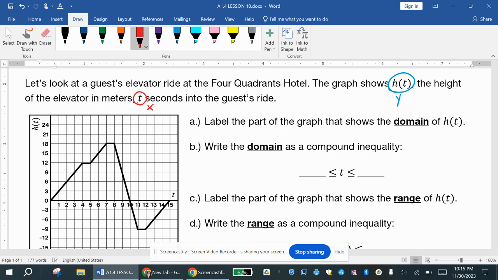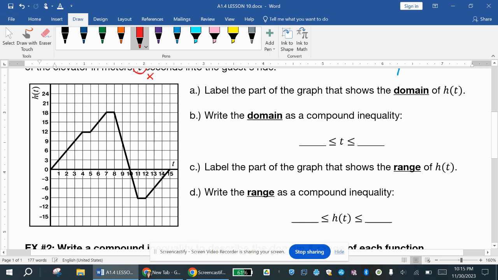All right, so let's review what we talked about yesterday with domain and range. Label the part of the graph that shows the domain of h of t. Well, domain, again, guys, has to do with the x values. So we want to find out how far left and how far right, so how low and how high the x values or input values go.